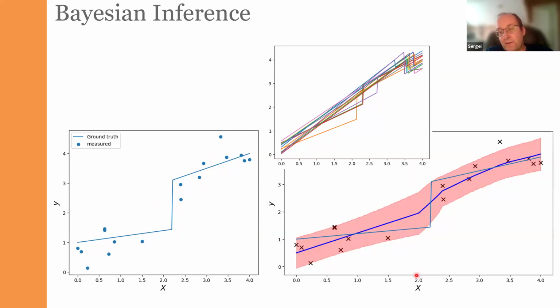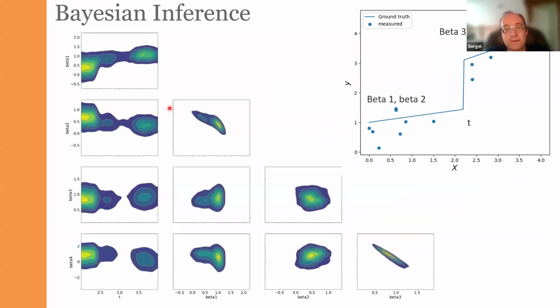And if I say that the jump position has to sit somewhere between 2 and 2.5, then the fit will actually be super good. And again, in this case, we can also explore the posteriors, and the posteriors tell us quite a lot about the possible structure of this function.